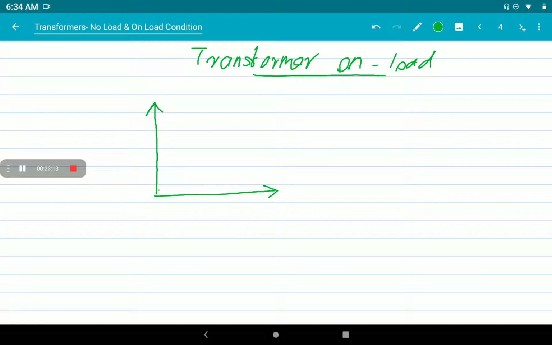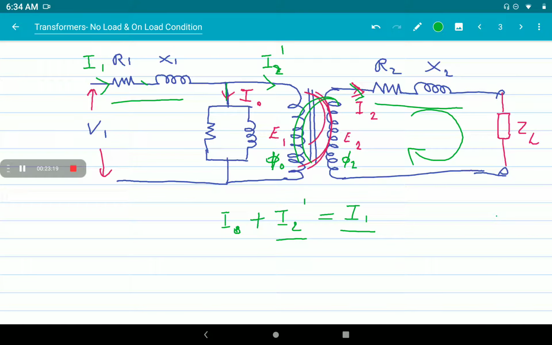This voltage current relationship will depend upon the characteristics of load. ഈ ലോഡ് എന്ന് പറയുന്നത് എന്താണ്? നമ്മളിവിടെ ഒരു ZL എന്ന് കാണിക്കുന്നില്ലേ? ഈ ZL എന്ന് പറയുന്നത് either it may be a resistive load or maybe an inductive load or maybe a capacitive property load. So it may be either pure resistive property or pure inductive property or pure capacitive property. ഏതെങ്കിലും ആവാം. ഈ ലോഡിൽ ഏതെങ്കിലും ഒരു പ്രോപ്പർട്ടി ആയിരിക്കും ഡോമിനന്റ് ചെയ്ത് നിൽക്കുന്നത്.